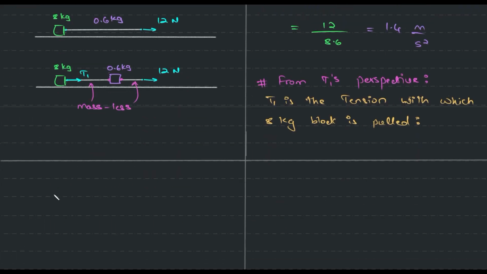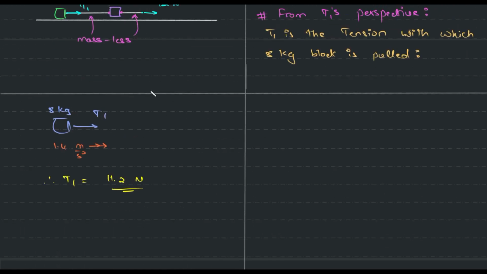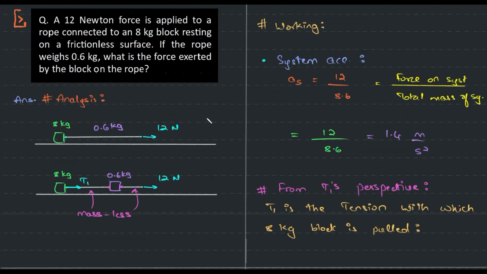Right? So from T1's perspective, it's just pulling 8 kg with an acceleration of how much? 1.4 meter per second square. So basically, therefore, T1 is equal to 8 times 1.4, which is 11.2 Newton. So 0.8 Newton is used to pull the mass.